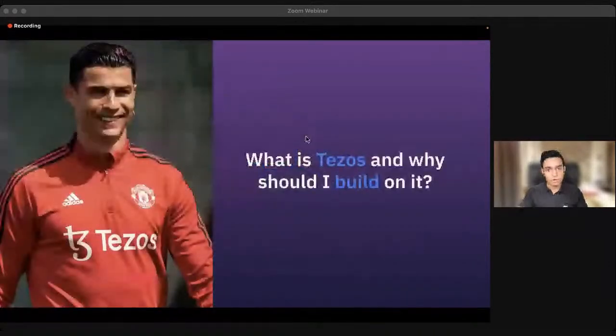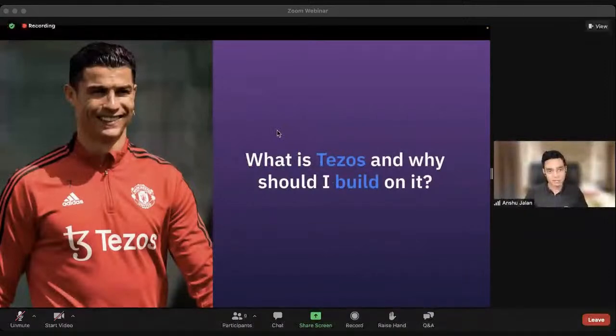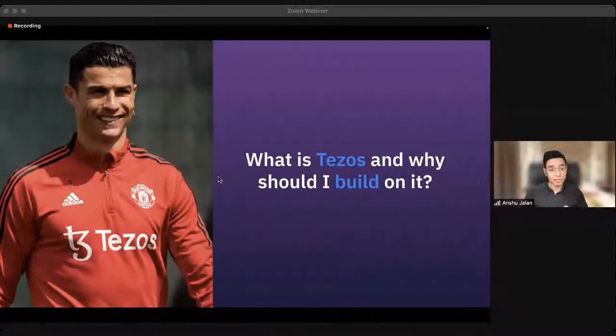All of you who are present here might be having this one important question in your mind, and that is what exactly is Tezos? Because lately you might be seeing it in a lot of places, like Manu's jersey on a Red Bull racing car. But what exactly is this, and what is the hype all about?